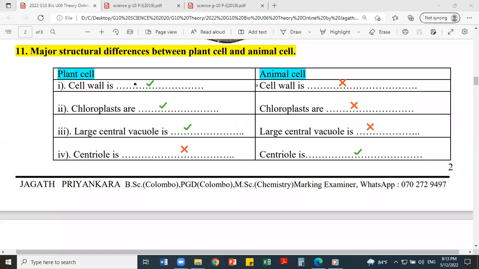And the other structures common to both. If you write here: mitochondria, nucleus, Golgi complex, ER, common to both.